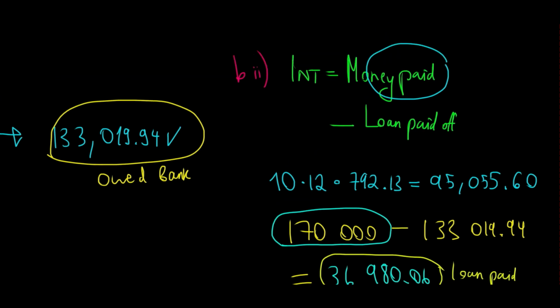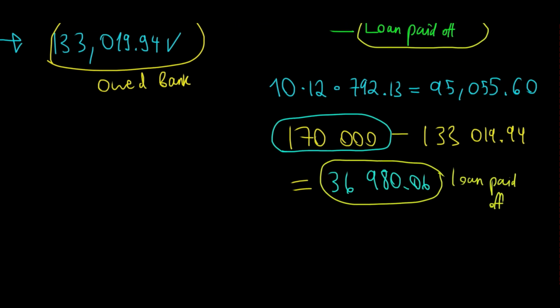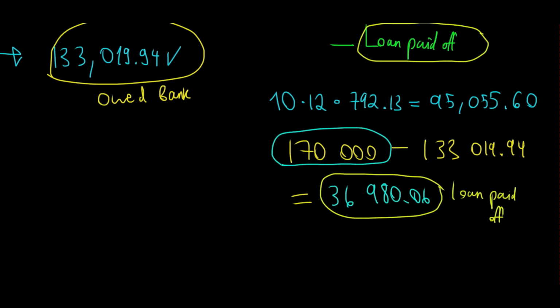And remember the formula above? If I paid more than whatever I had to pay from my loan, obviously the extra money comes from the interest. That's the only source of money on top of the principal. So I'm putting these things together, I'm doing my final calculation and finishing the question.